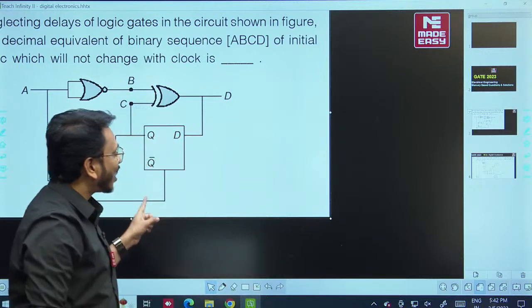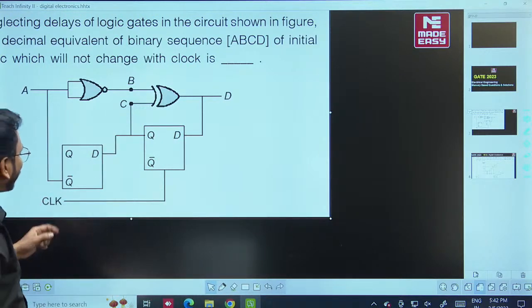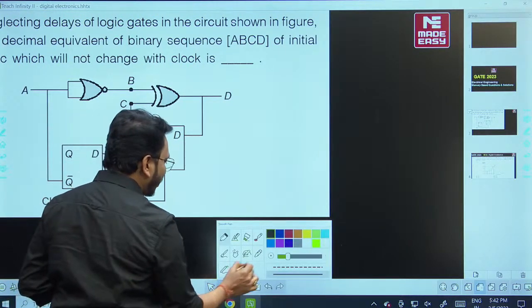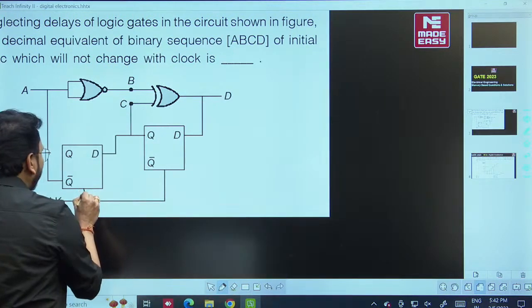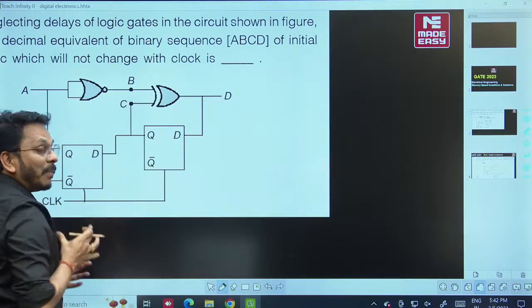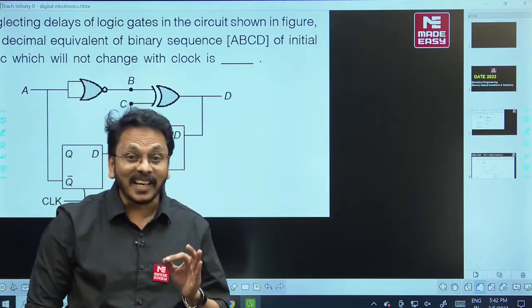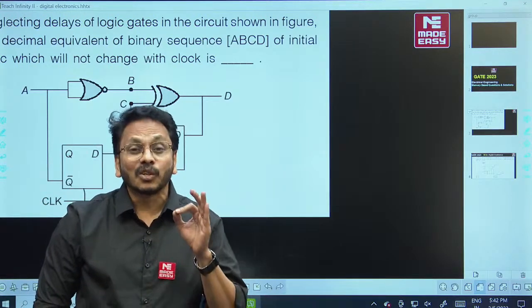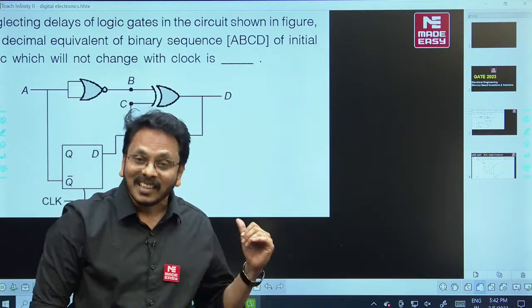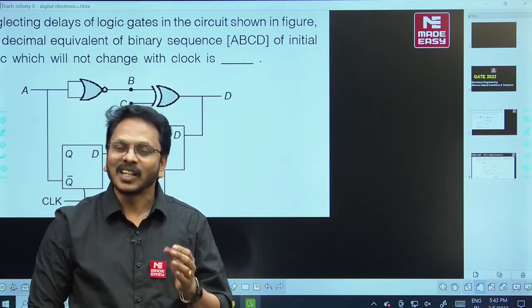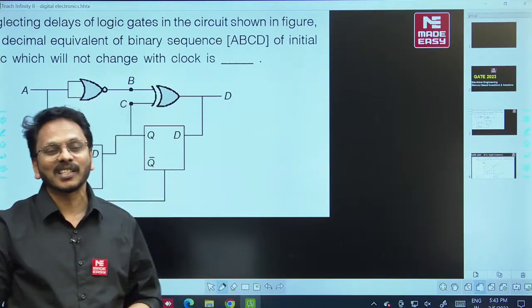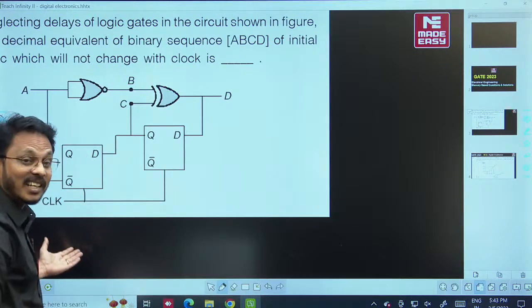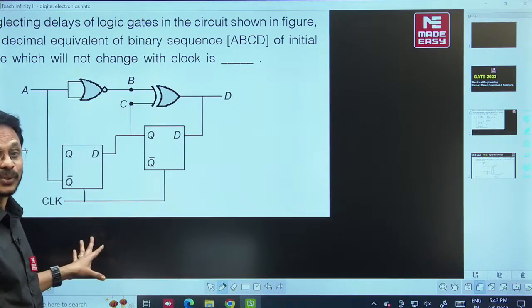Here you can check, the question is on a synchronous counter, because we can identify it as these two flip-flops are connected to the same clock generator. So it is simply a synchronous counter. We can identify it very easily by just observing the circuit.